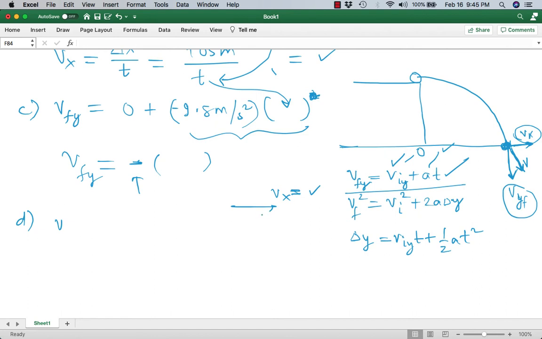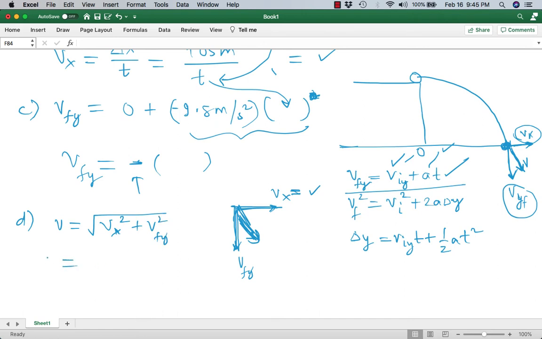You find that in part B, and then this you find from part C, and then we want to find the resultant. Now, like I said before, when the two vectors are perpendicular to each other, we can find the resultant of the two vectors by using the Pythagorean theorem. So you can use x component squared plus y component squared.